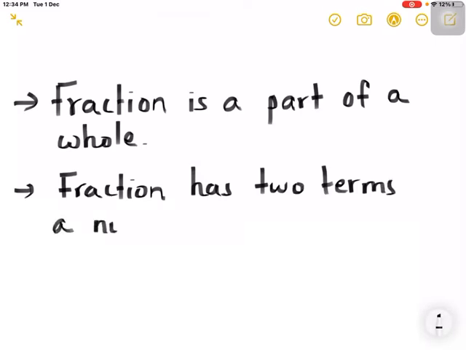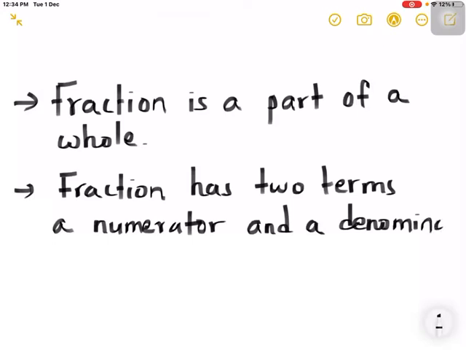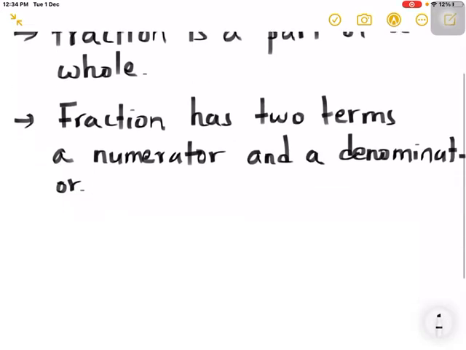A numerator and a denominator. The upper term is the numerator and the lower term is the denominator.